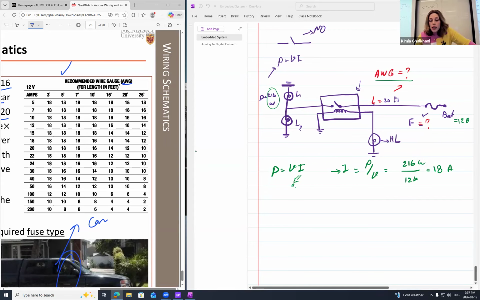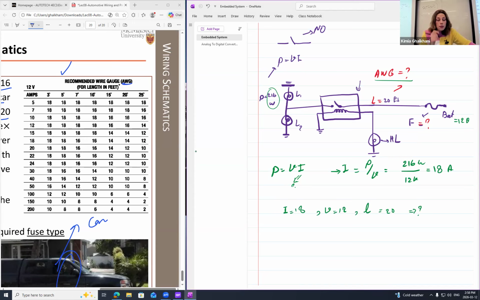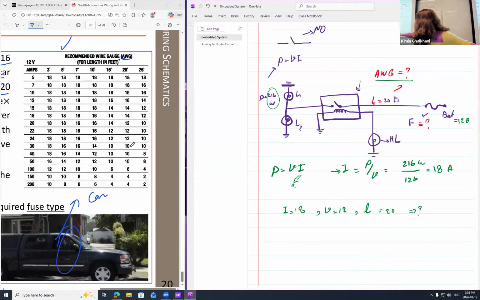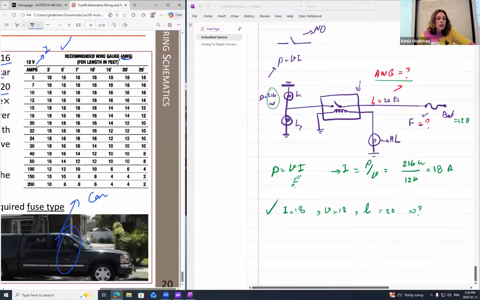If I have current to be 18, voltage to be 12, and distance to be 20 feet, let's figure out what the AWG is. Look at the table. Before I say it, somebody come up with some idea. Is this clear enough? Consider this requirement: current is 18, this is my current.